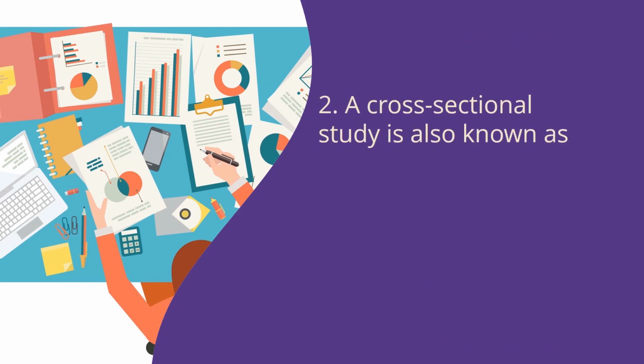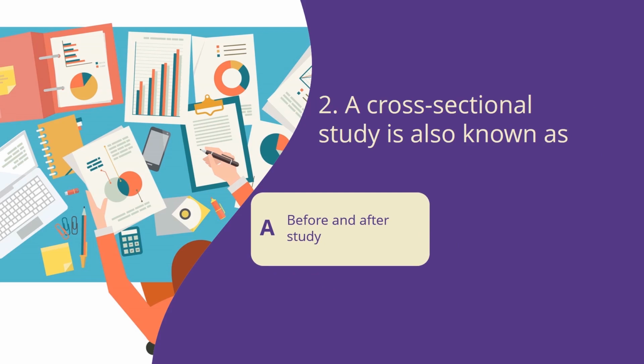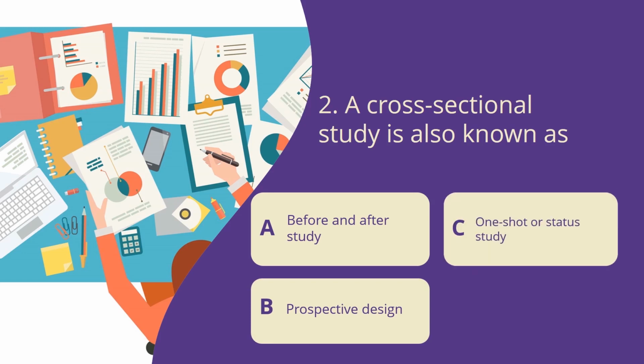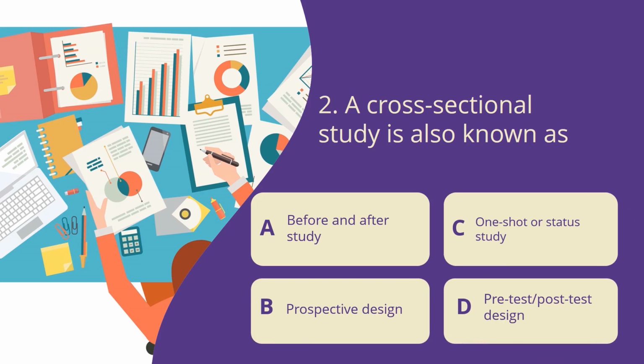Number 2. A cross-sectional study is also known as A. Before and after study, B. Prospective design, C. One-shot or status study, or D. Pre-test, post-test design.